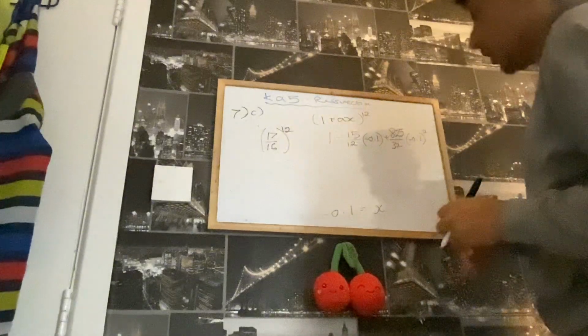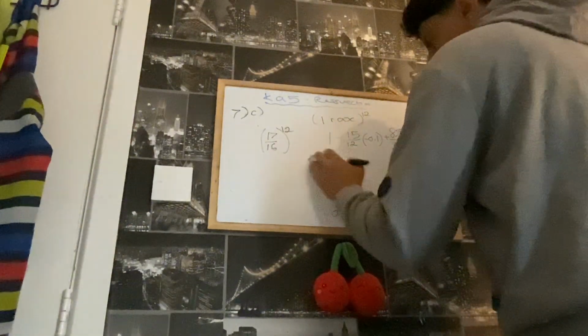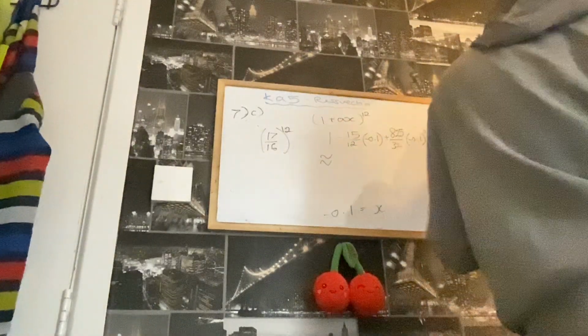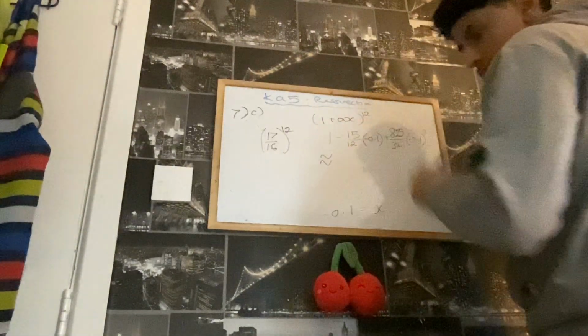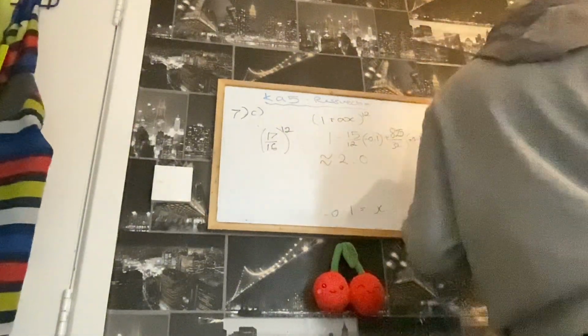Now if we plug this into our calculator, we should get, as a rough estimate, because this is only an estimate, 2 to 4 decimal places, because that's what it asked for, 2.0078.